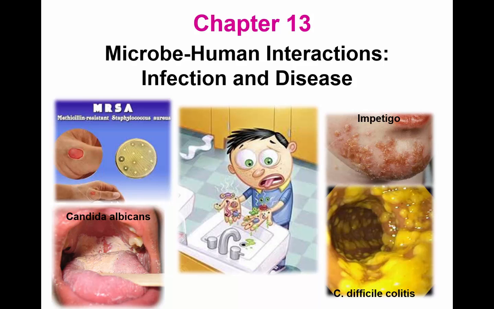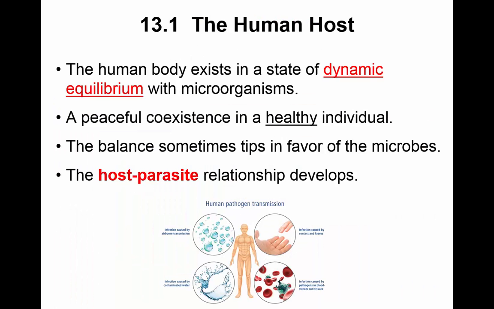Okay, we're going to start out chapter 13. During this chapter, we're going to discuss how we acquire some of these microbes that can cause infection and disease. First of all, we need to note that our body exists in a state of dynamic equilibrium with these microorganisms. It's always changing.